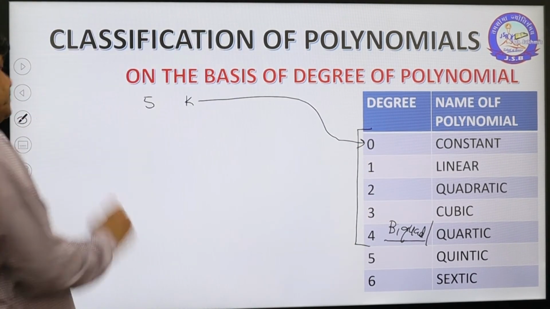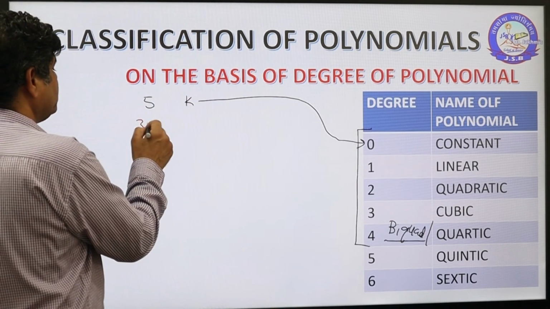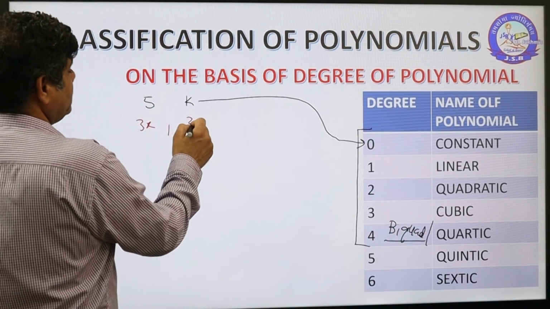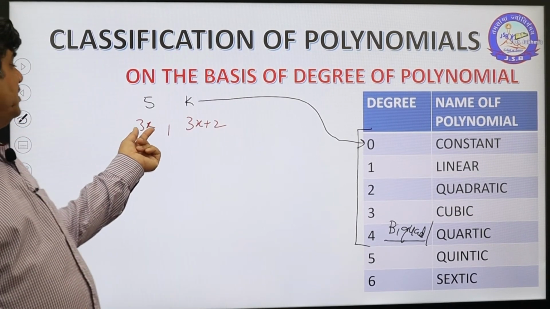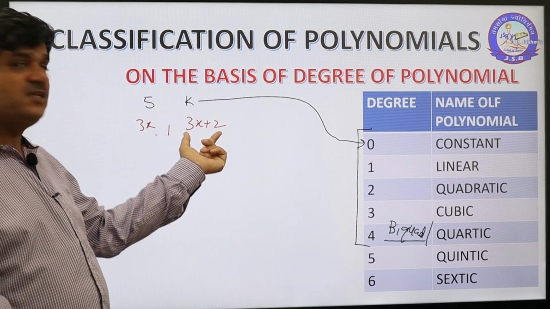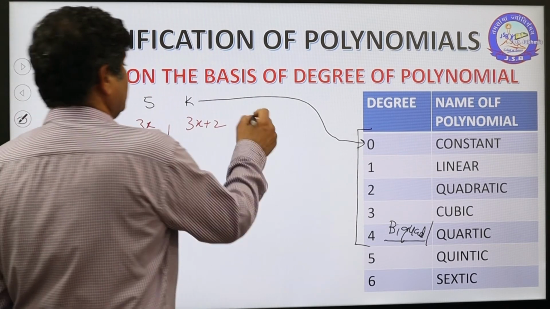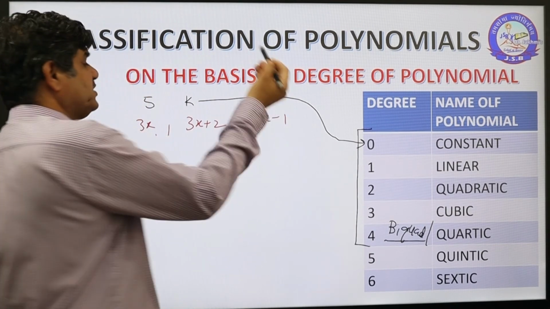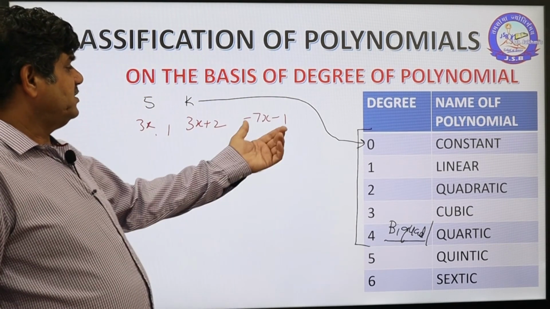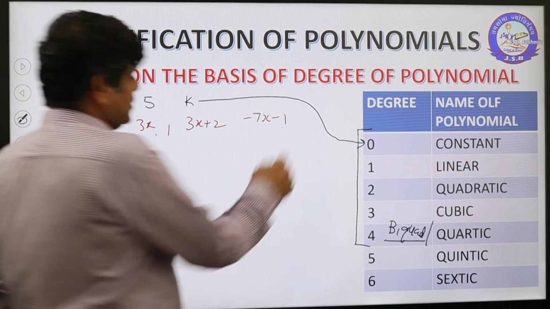If I look for linear, meaning degree is 1, like 3x, like 3x plus 2, this is a linear monomial, this is a linear binomial, correct? It can be like 7x minus 1 or minus 7x minus 1, doesn't matter. This is also a linear binomial. So these are the linear polynomials.